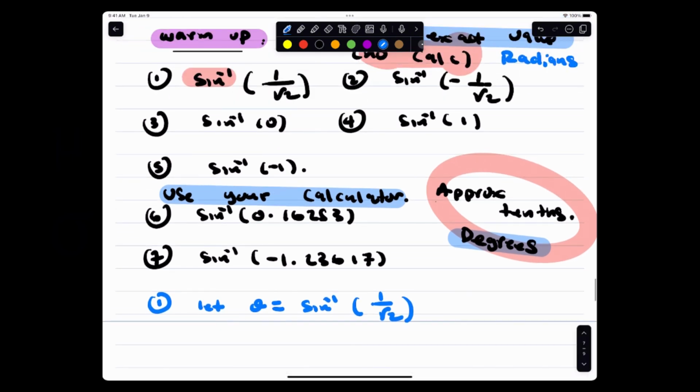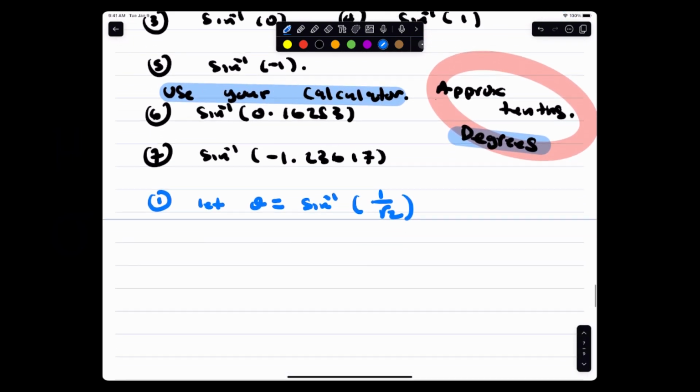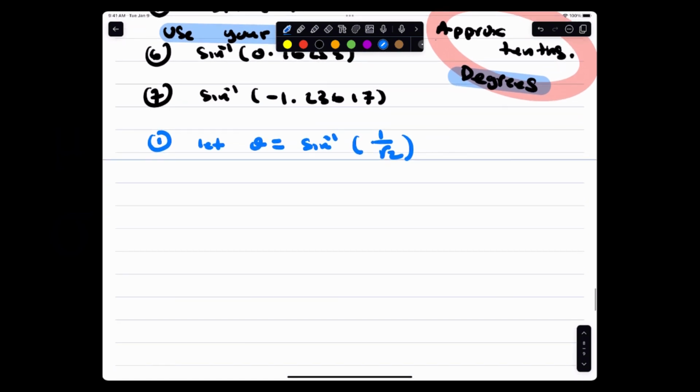Is that true? Okay, and then you use the definition of inverse sine. That definition says sine theta equals 1 over the square root of 2. Is that right? All right, you guys okay with that?